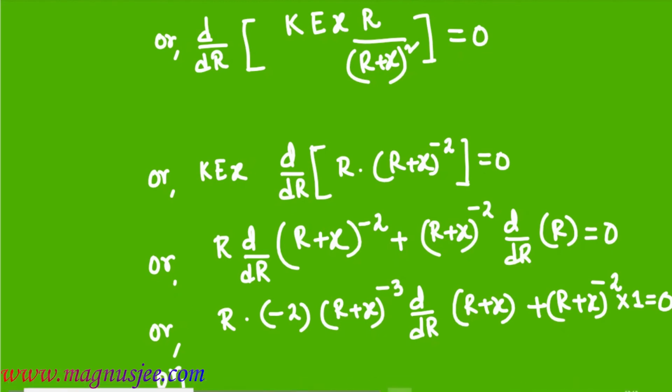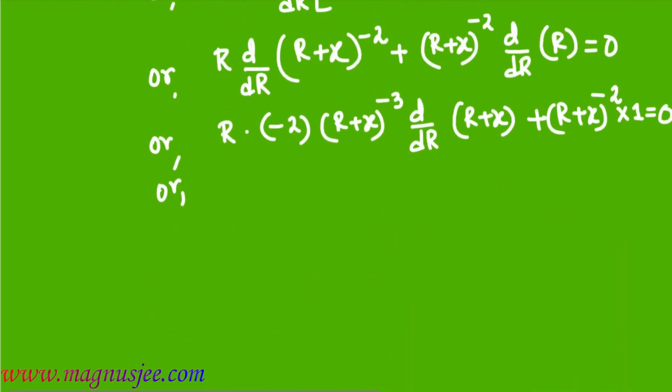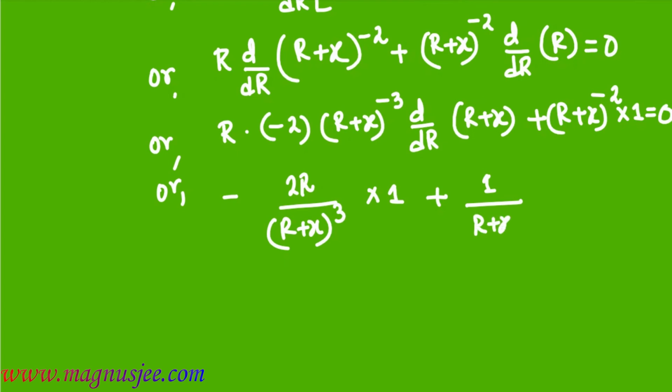Or minus 2R divided by (R plus X) whole cube; d/dR of R plus X is only 1, plus 1 divided by (R plus X) whole square, equals 0.